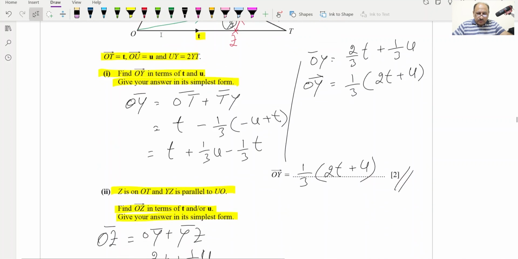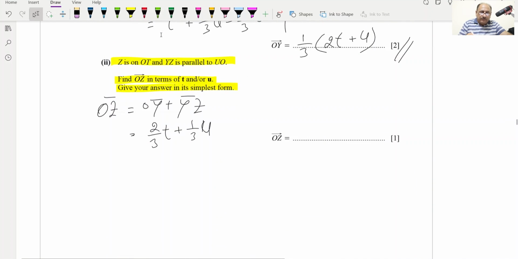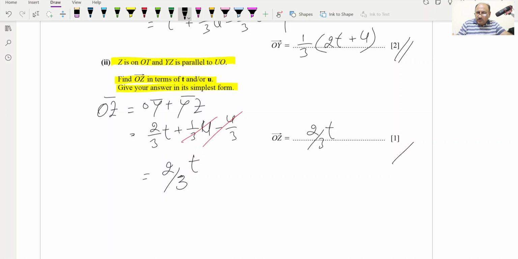So it will be minus u over 3, and these two terms will cancel, and we will get 2 by 3 t as the final answer. 1 mark part, this one.